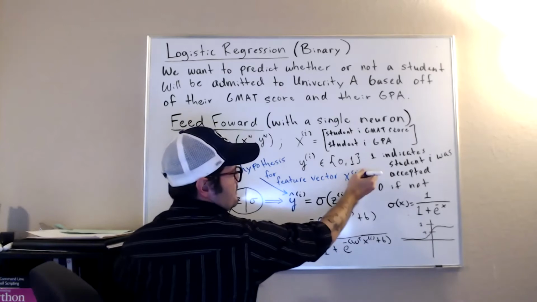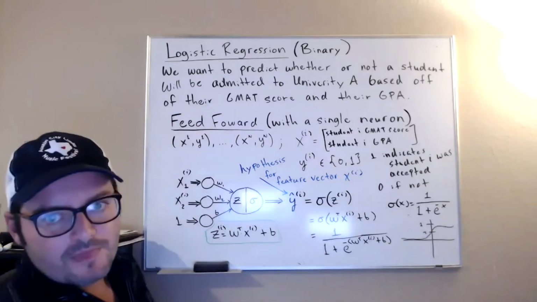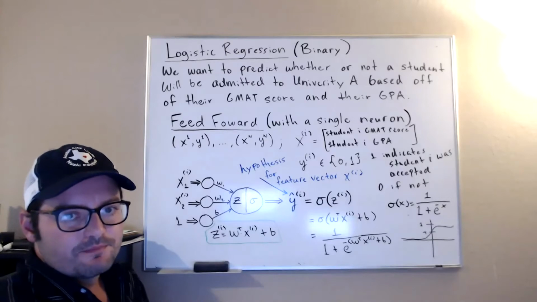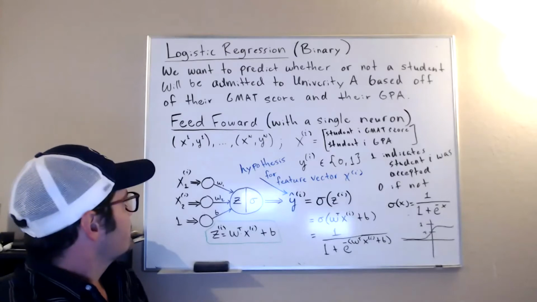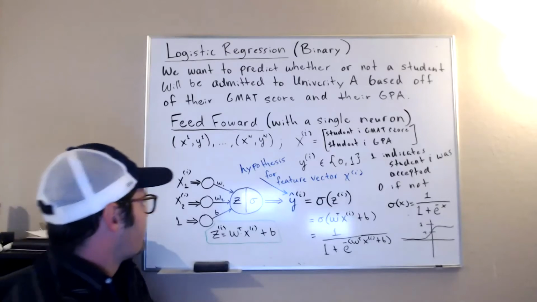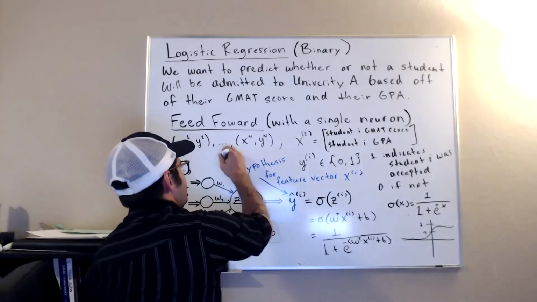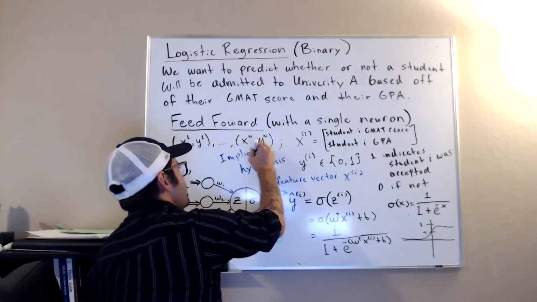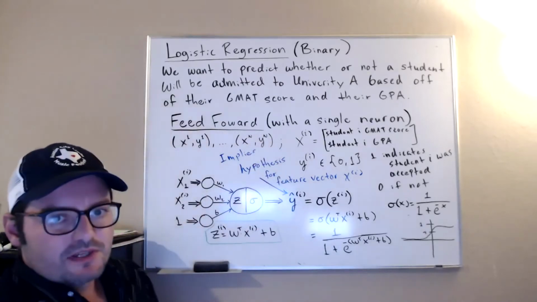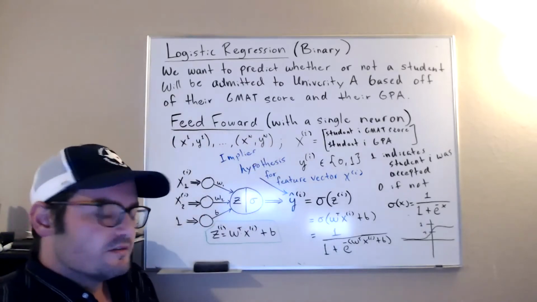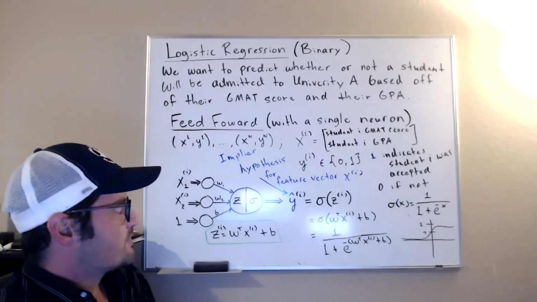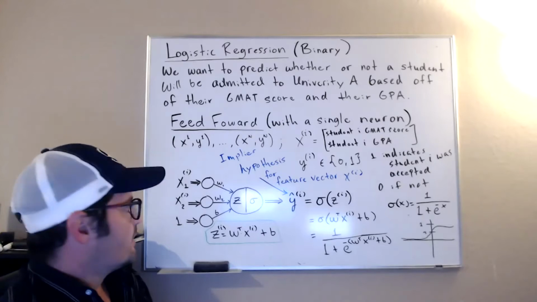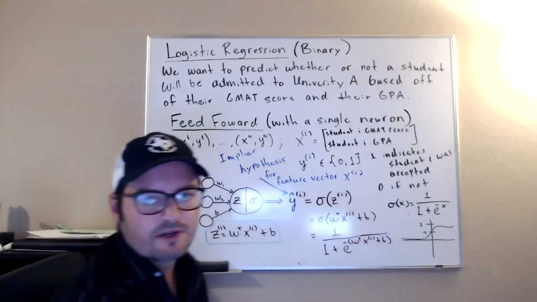It's not necessarily a prediction yet, it's a probability. So really I should say that this implies a hypothesis, because it's a probability, and if that probability is high enough, we can say that it's going to be a 1, and if it's low enough, we can just say that it's a 0. So it does imply a hypothesis or a prediction for xi.